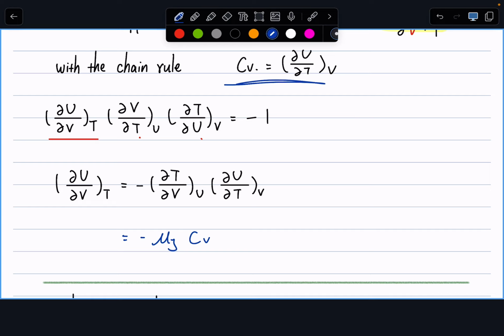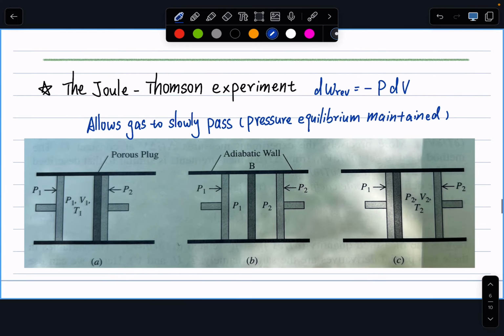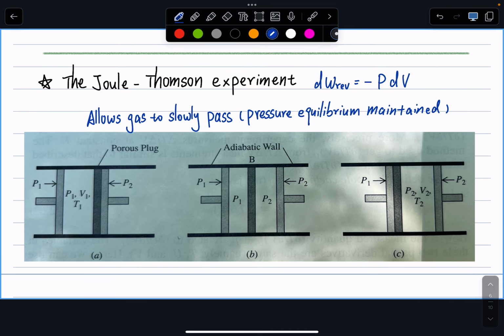Okay, so this part is the internal energy part. And let's move on to look at the alternative experiment scientists set up, where we keep the enthalpy constant. Again, the purpose here is to establish a way so we can measure the relationship between enthalpy, temperature, and pressure.